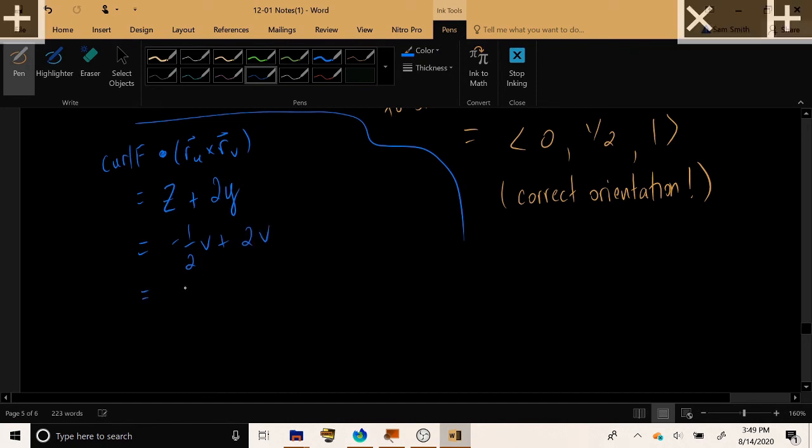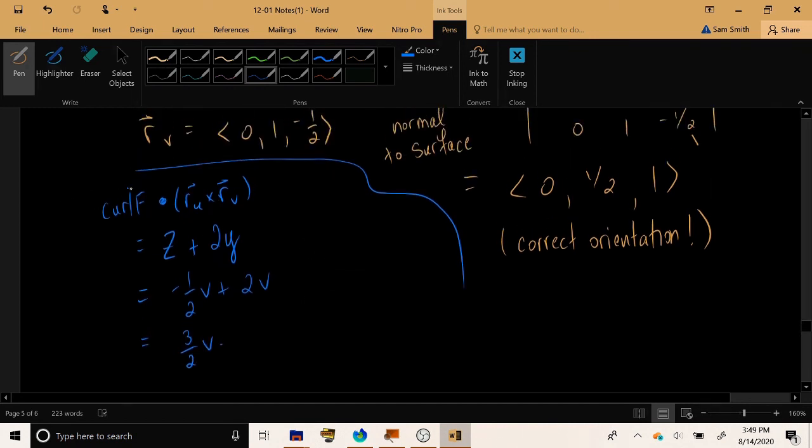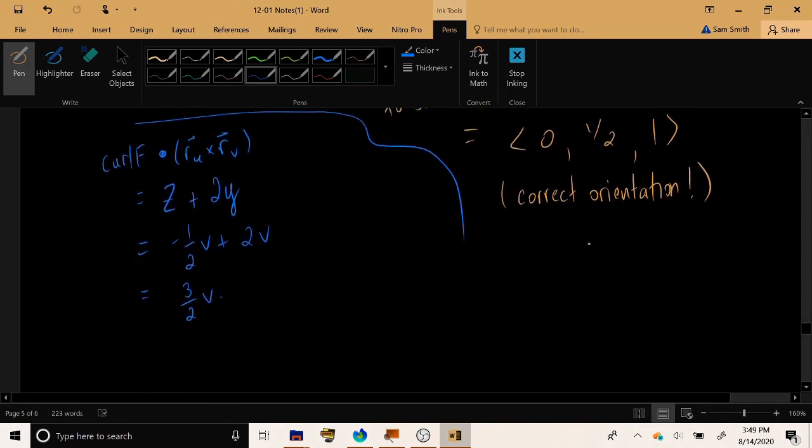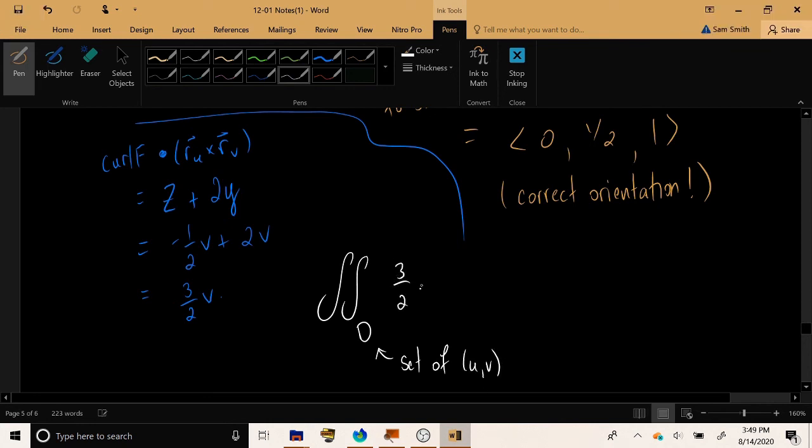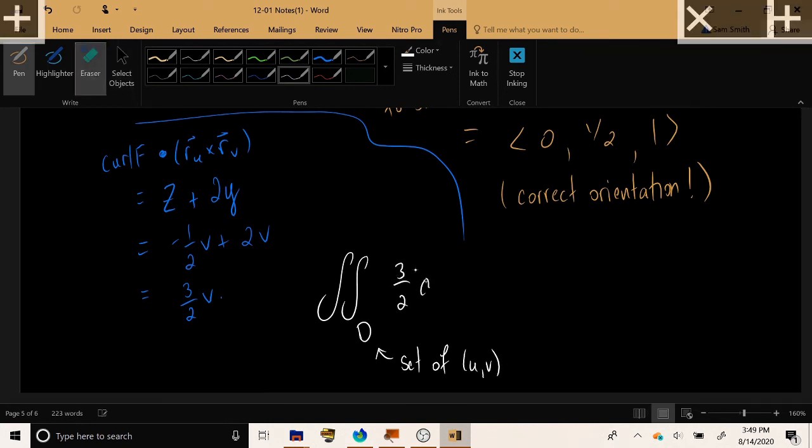So we have 3/2 v for the curl of F dot product with the normal vector to the surface in parameters u and v. All right, almost there folks, stay strong. We have the double integral over the set of all u's and v's of 3/2 v to calculate.